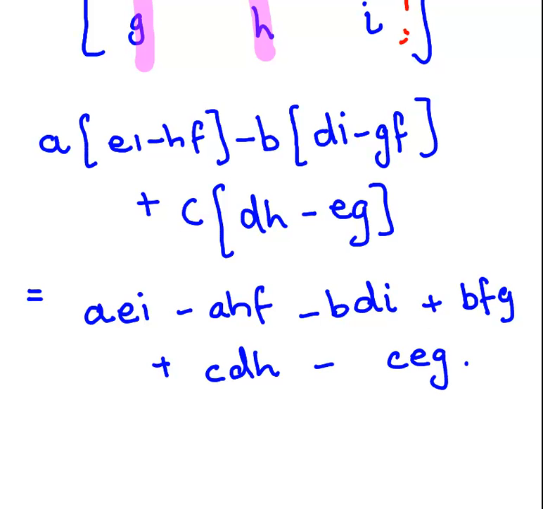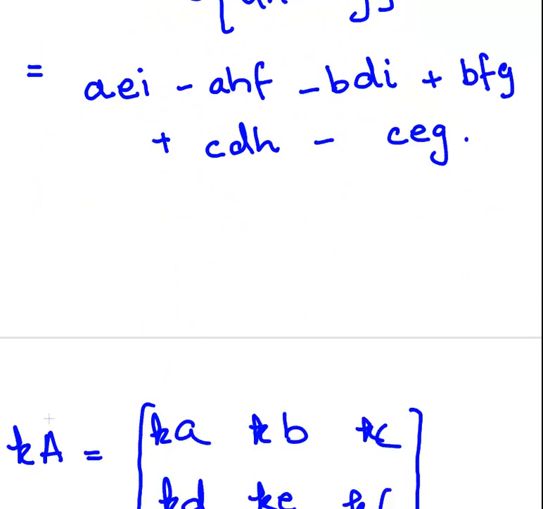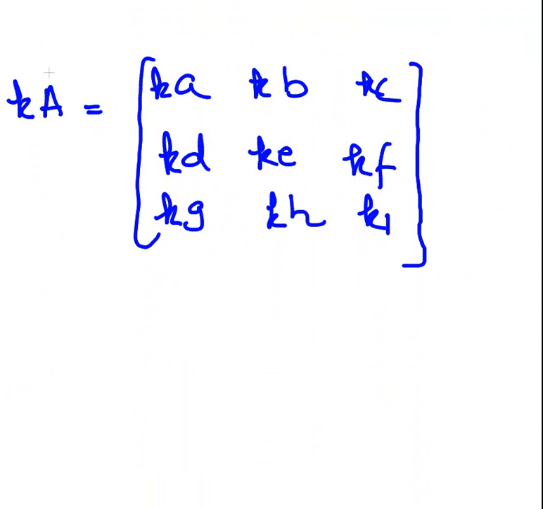Now what we're going to do is get the determinant of k times A. Let's have a crack at that now. Here I have it again, and we're going to do something very similar.